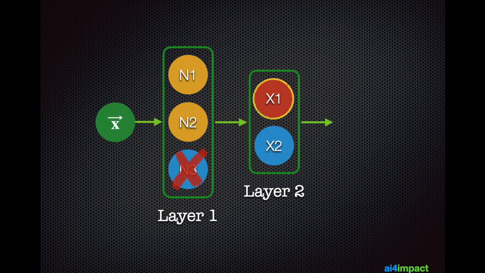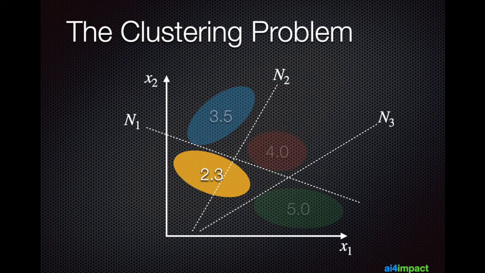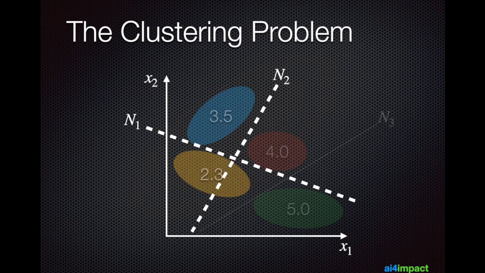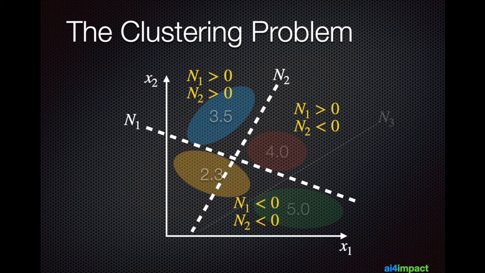Let's assume for the time being that we do not include as inputs into X1 the neuron N3, just to simplify the reasoning. So we have N1 and N2, and we'll just ignore N3 for the time being. In the first quadrant, we have both N1 and N2 being bigger than 0. In the second, N1 bigger than 0 while N2 is less than 0, and similarly for the other regions.